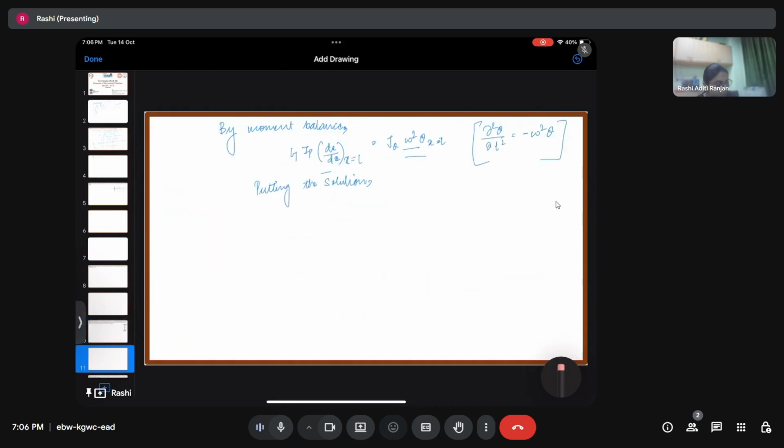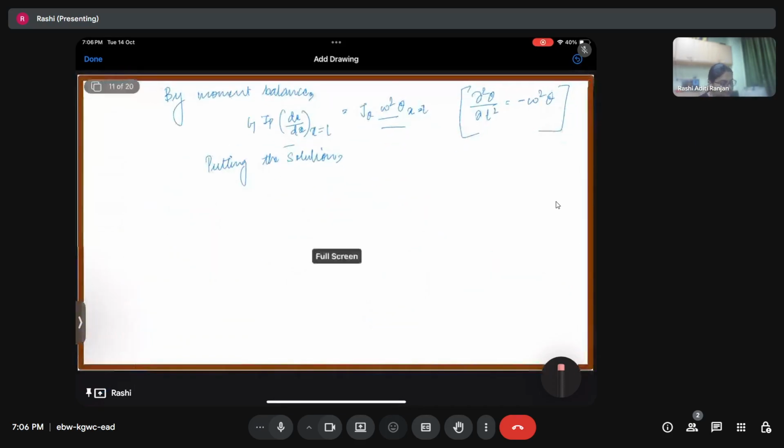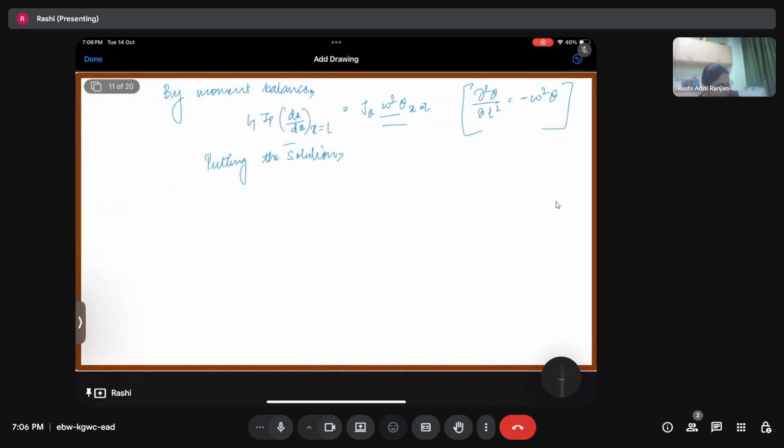So what we get finally is G Ip omega under root of rho by G cos of omega L under root of rho by G is equal to J naught omega square sine of omega L under root of rho by G.